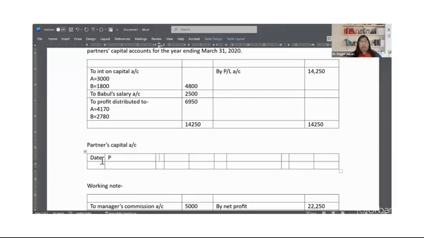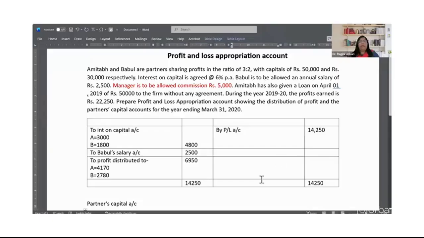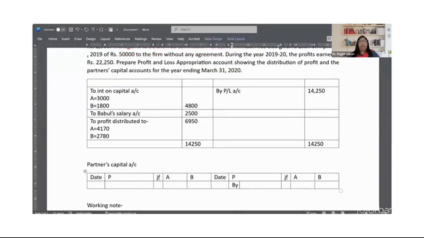Particulars, journal folio. Then two partners are there, Amitabh and Babu. All right, so let us start making this. Now, we start with what? We start with the balance brought down. That is, the capital balance has to be mentioned out here.